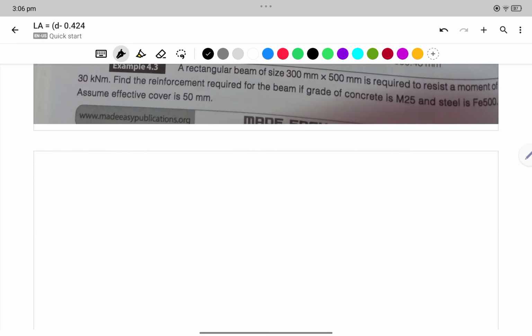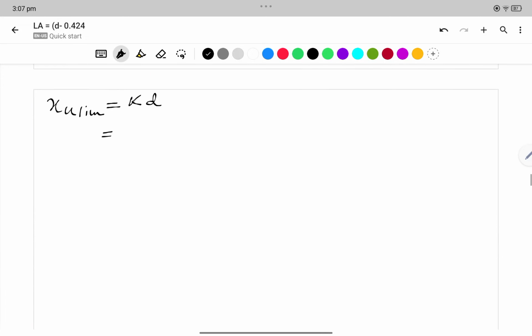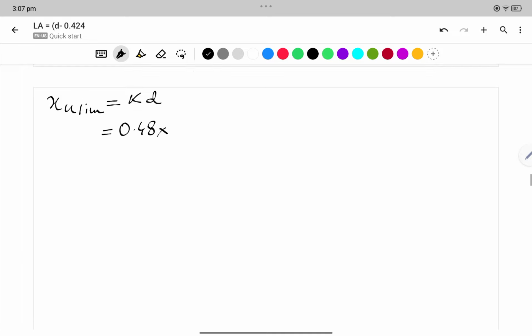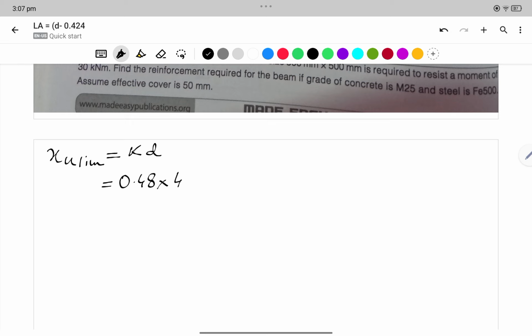XU limiting is K into D. The K value for Fe 415 is 0.48 into D. D is given as 450 and the cover is 50, so we will take d as 400. So it is coming as 192 mm.